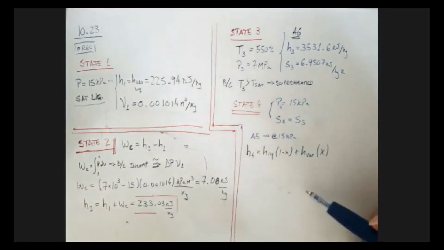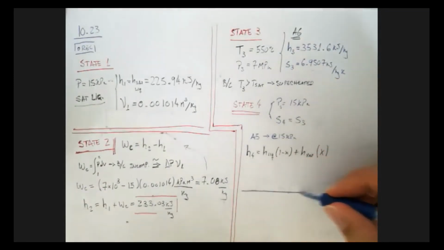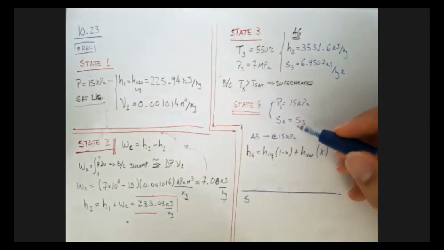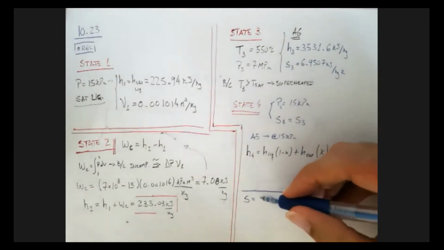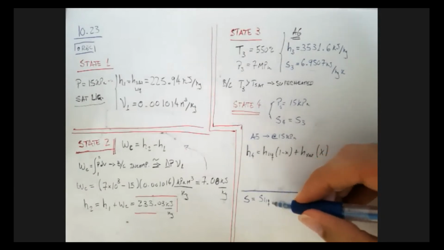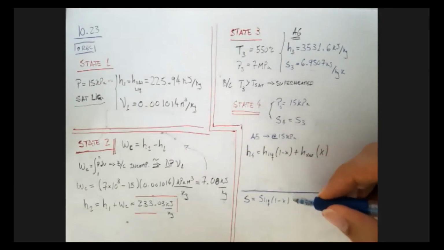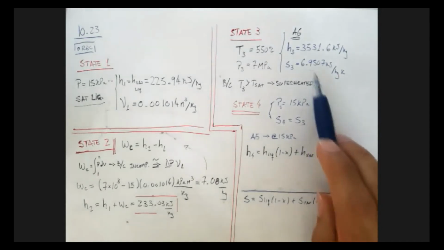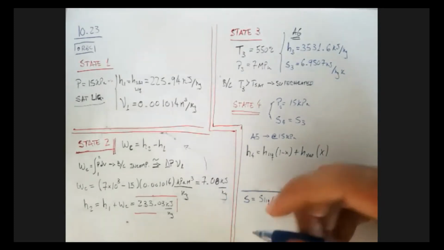And you're probably sick and tired of this, but just one last time, the entropy is also a combination of liquid times 1 minus x plus vapor times x. In this case, we know the saturated vapor from the table, we know the saturated liquid from the table, and we know S, 6.9. So the only unknown here is x.